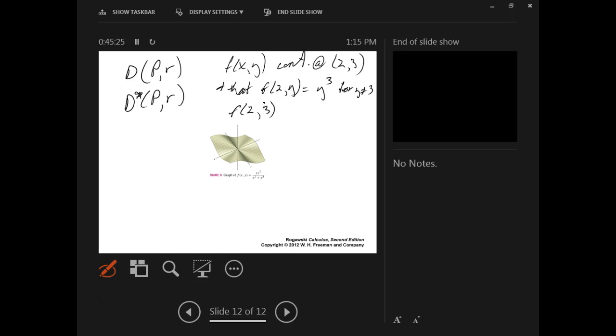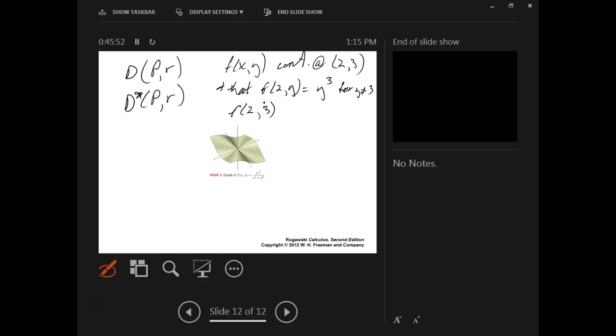Because if it's that for any other value of y, say y equal 0, that would be 0. For y equal to 1, that would be 1. For y equal to 2, it would be 8. And for y equal to 4, it would be 64.